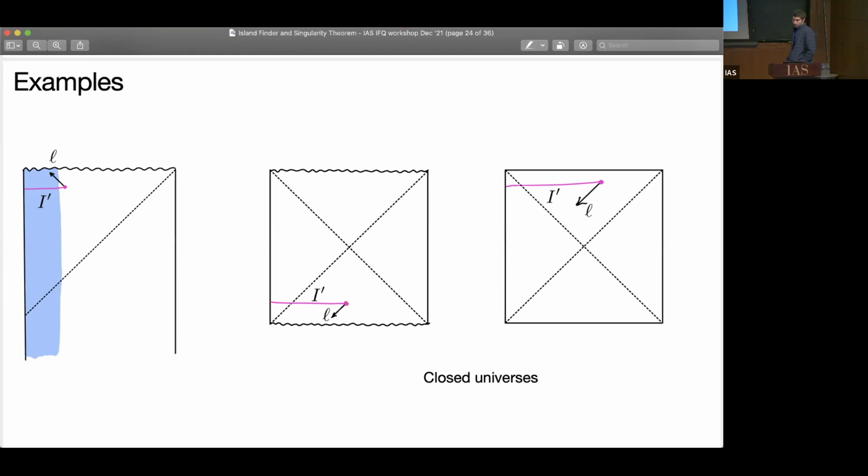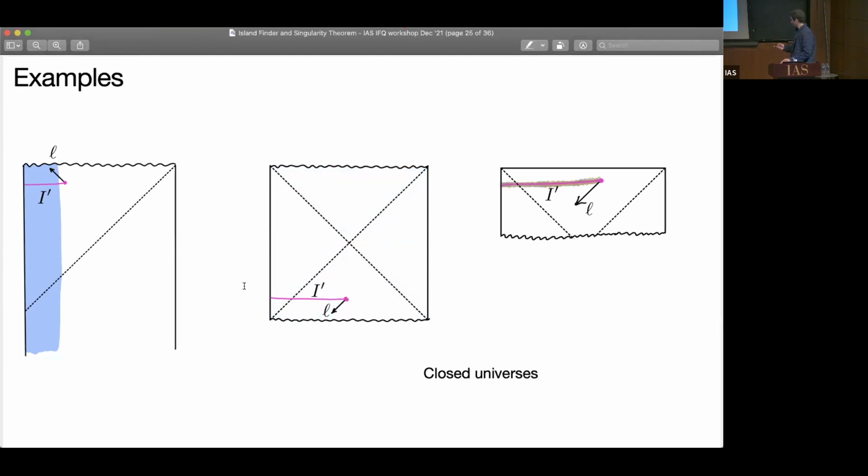And then you can put a dilute amount of radiation on I prime, dilute enough that the back reaction on that late slice is negligible, while satisfying the conditions of our theorem, because the volume is very large. And then one predicts a Big Bang this way.